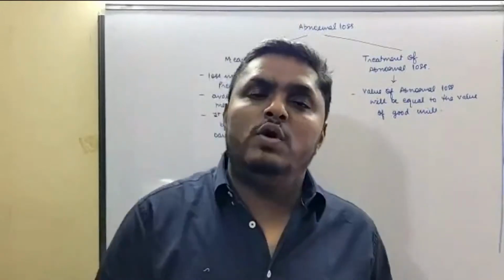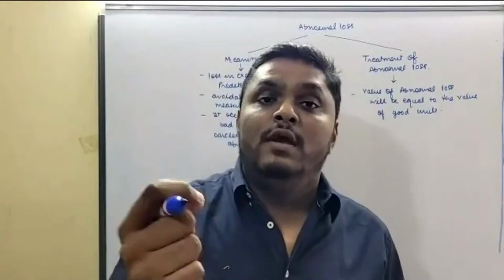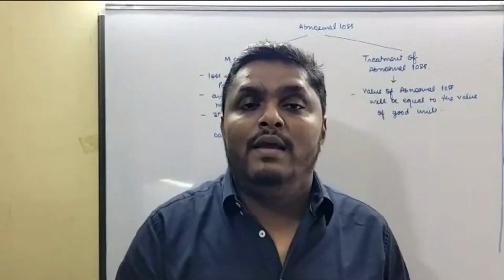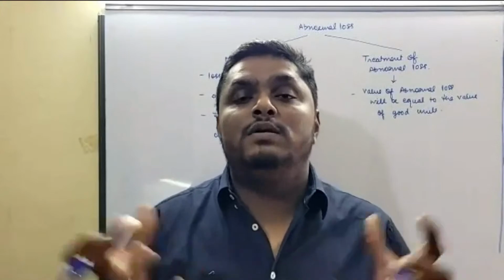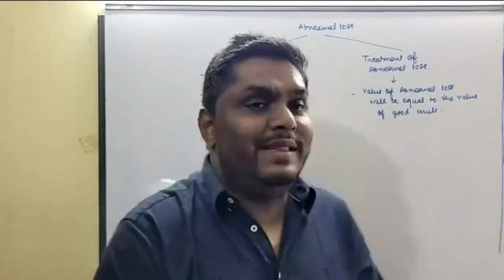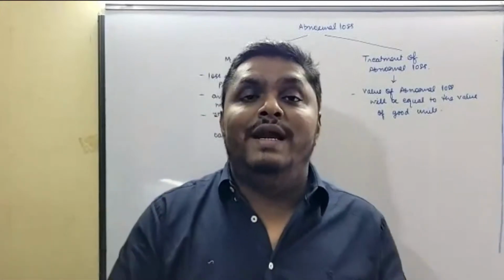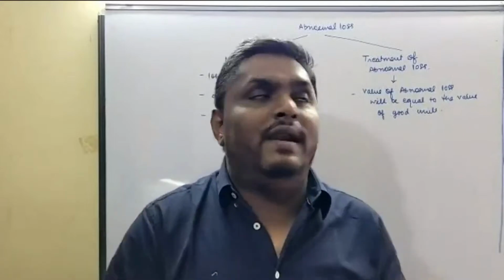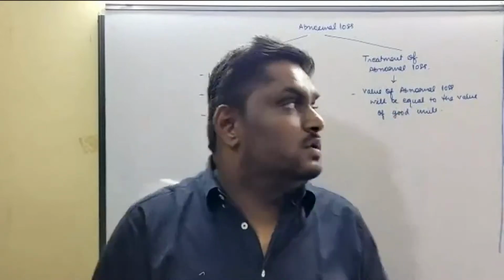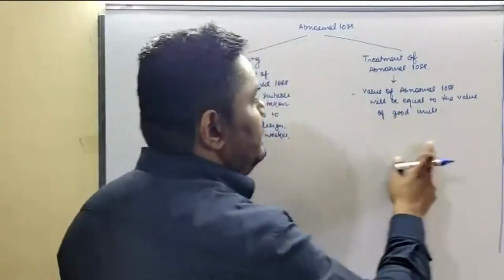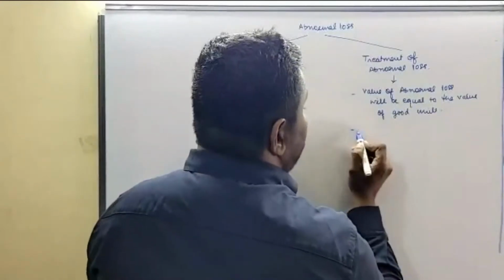Let's say during the course of manufacturing potato chips, मेरी फैक्ट्री में आग लग गई because of let's say burst of boiler. So herein in this case, whatever the loss that is due to this fire is what? My abnormal loss. So the value of abnormal loss will be equal to the value of good units.